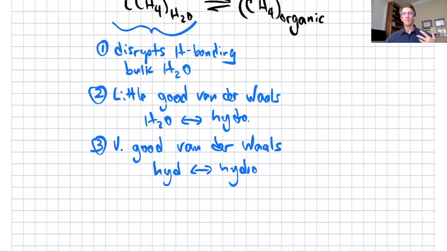And at the same time, when we make this cavity, the water is part of the process of minimizing the energy penalty caused by forming this cavity and disrupting these hydrogen bonds. We don't get a lot of good van der Waals interactions. The water molecules, to in part compensate, form these clathrate-like structures around the surface of the hydrophobic stuff, because they can't ionically interact, they can't electrostatically interact, they can't van der Waals interact, but they can interact with each other.